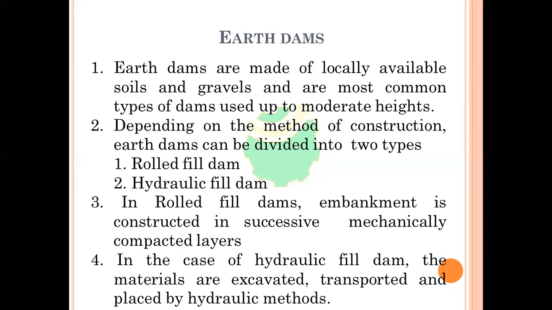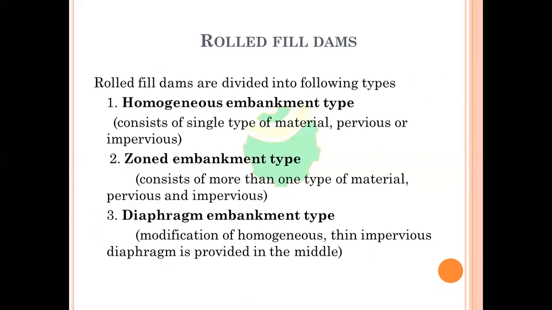Depending on the method of construction, earth dams can be divided into two types: rolled fill dam and hydraulic fill dam. In rolled fill dams, the embankment is constructed in successive mechanically compacted layers. In the case of hydraulic fill dams, the materials are excavated, transported, and placed by hydraulic methods.